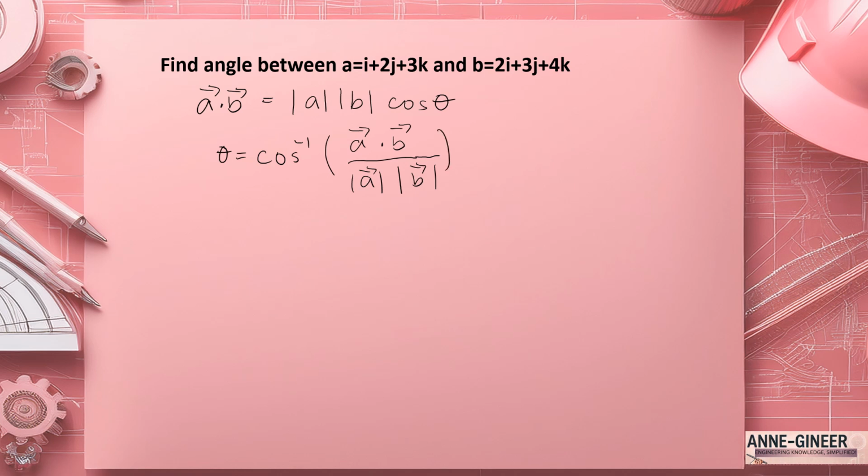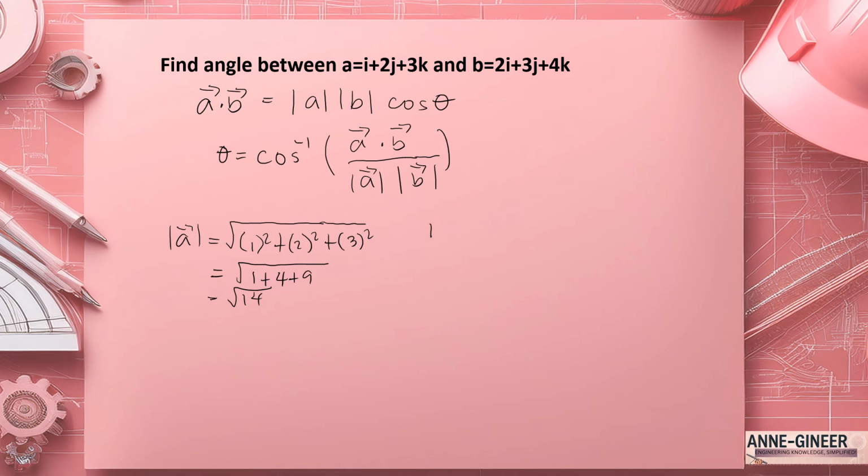So in getting the magnitude of vector A, it is the square root of 1 squared plus 2 squared plus 3 squared, or this is the square root of 1 plus 4 plus 9, or this is the square root of 14.